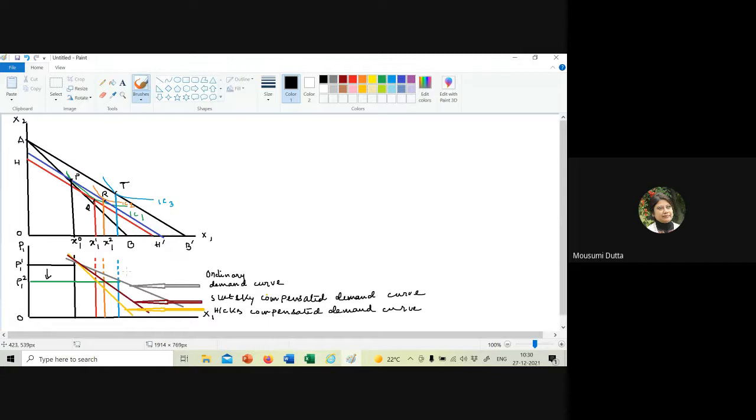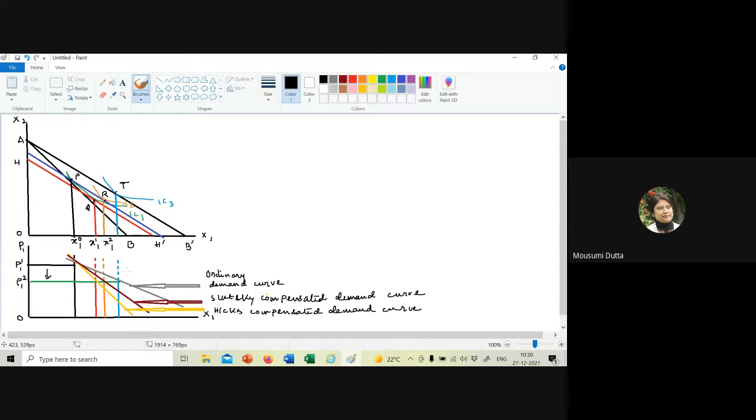No, it is a different kind of approach. The broad thing is same, that we have some total effect of relative price change, and then there is a difference when we are making a segregation between substitution effect and income effect. So Hicks approach is based on indifference curve analysis.